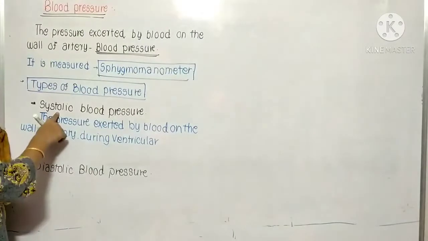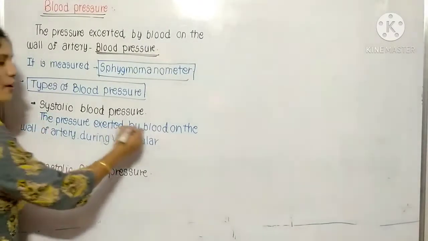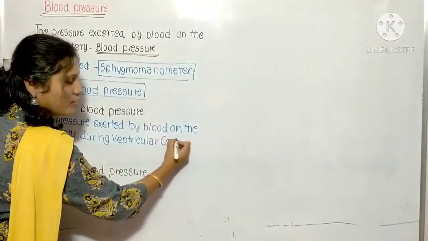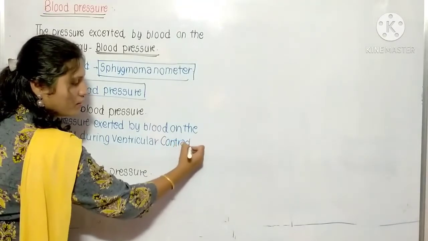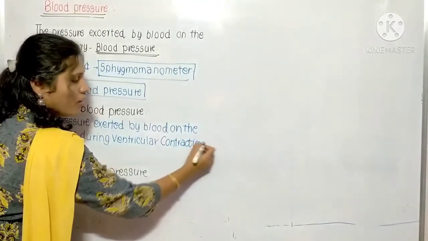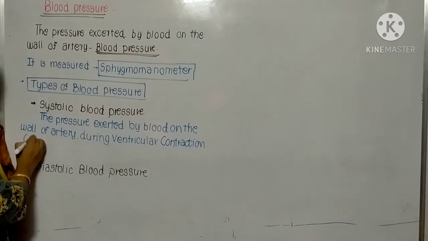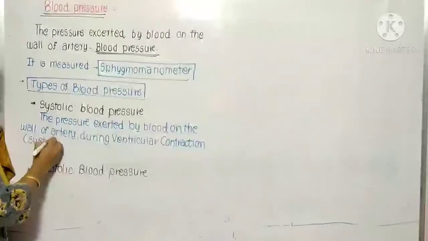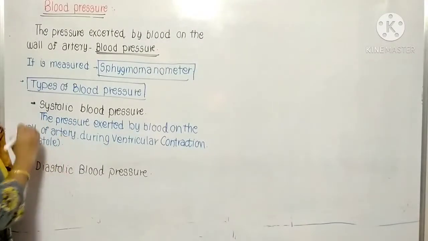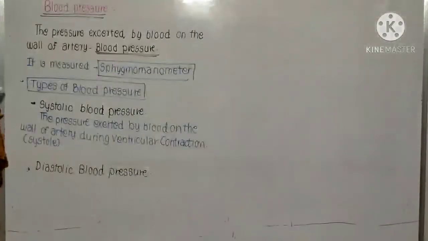Now systolic is there. Systole means ventricular contraction. The pressure exerted by the blood on the wall of artery during ventricular contraction, that means ventricular systole, is known as the systolic blood pressure.